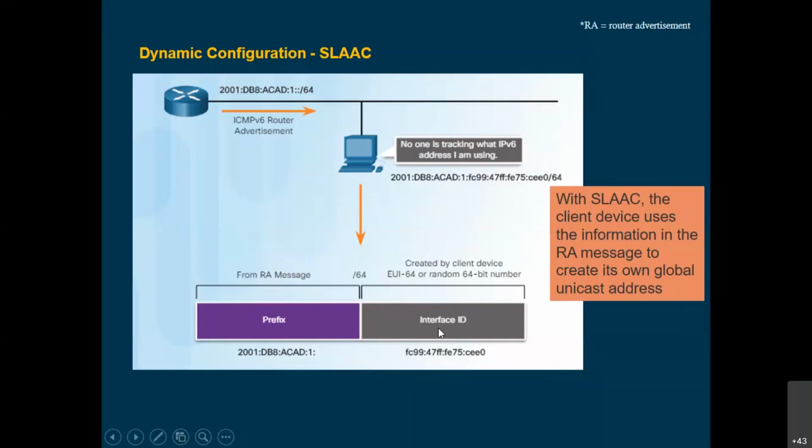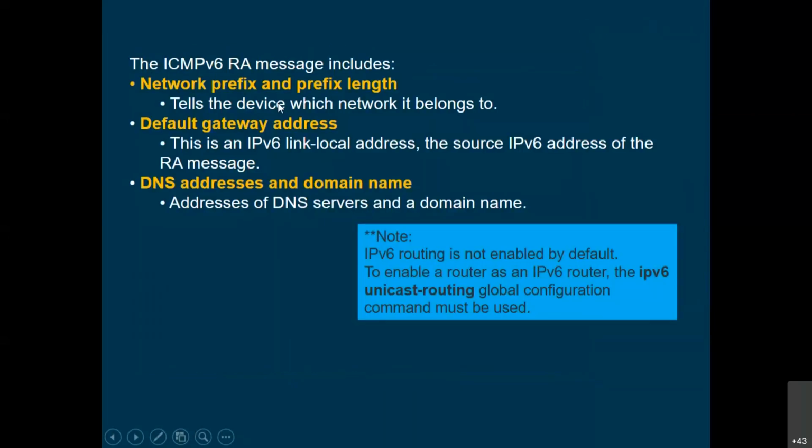Okay, be very careful about that. The IP address is not created automatically. The interface ID part of the IP address is created by the host, because the prefix part is given by the router advertisement. So the router prefix and the prefix length, which is /64, is given in the router advertisement.